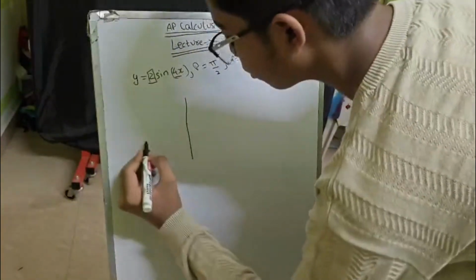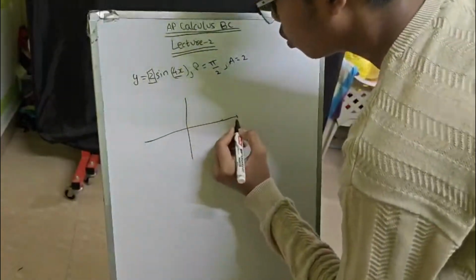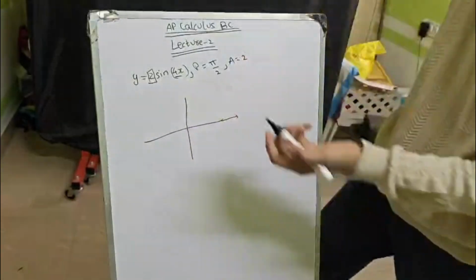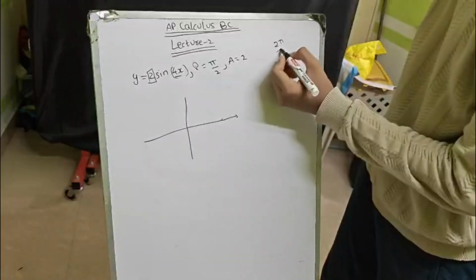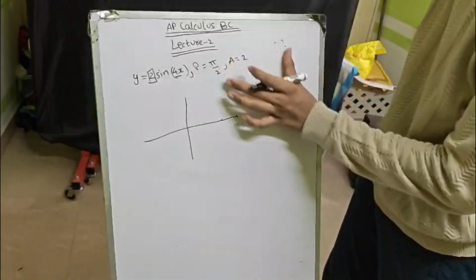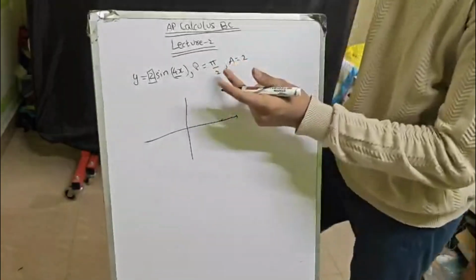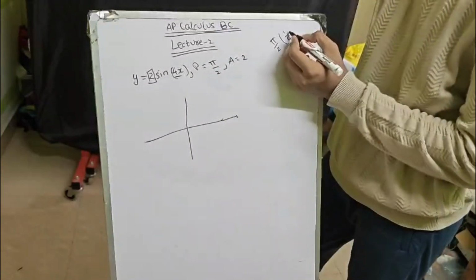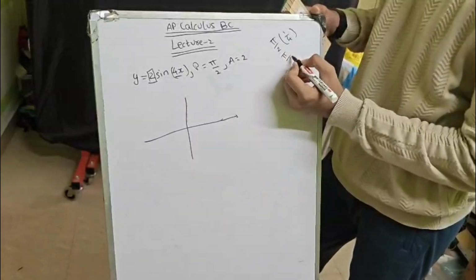So let's draw a graph. When y equals sine x, the period is 2 pi, right? So we did 2 pi by 4, which is pi by 2. Now pi by 2 into 1 by 4 equals pi by 8.